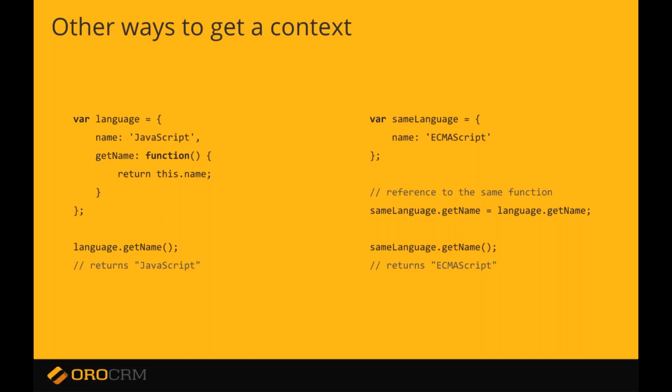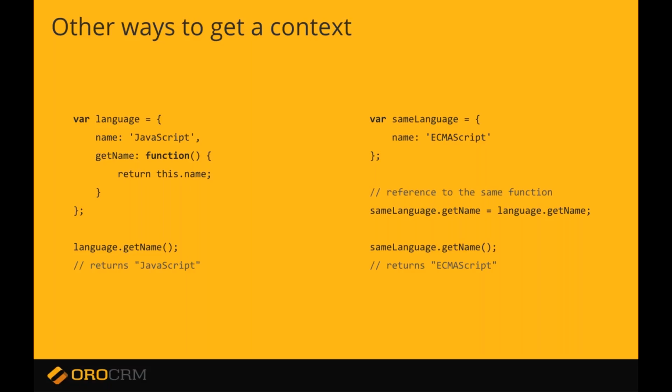Let's look at the left side of the screen, where we define the object language with properties name and getName. If we execute language.getName, it will return JavaScript, because we executed the method getName in the context of the object language, which is on the left side of the period.